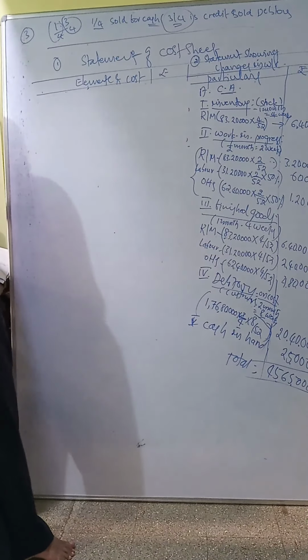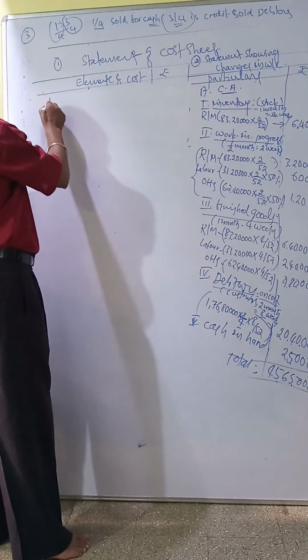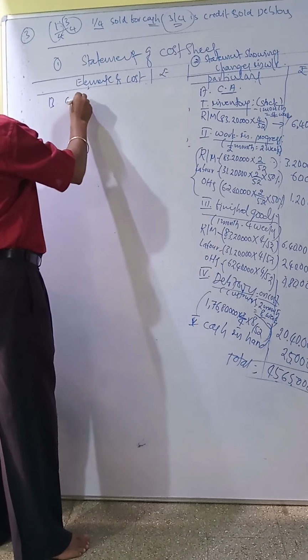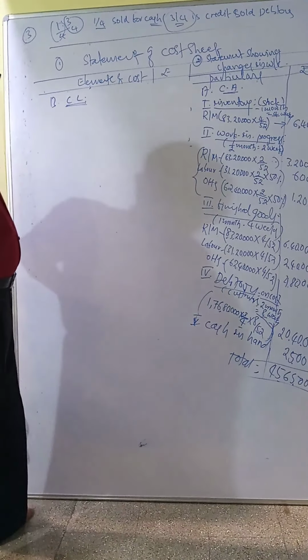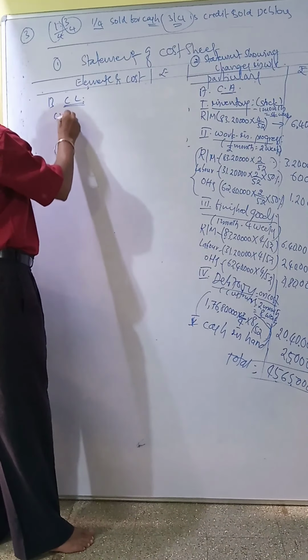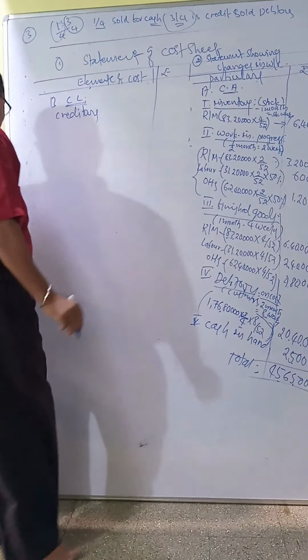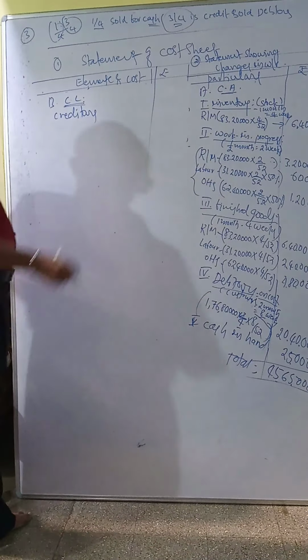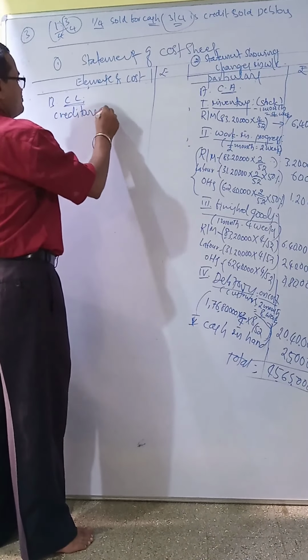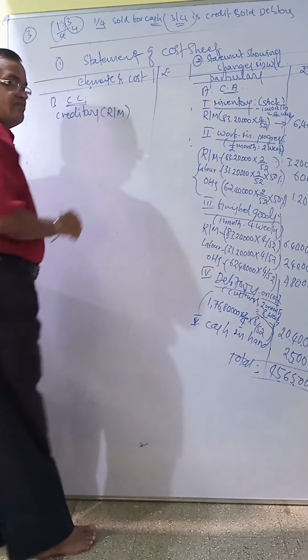See, next is B, current liabilities. In current liabilities take creditors. What is given about creditors? What do we purchase from creditors? We purchase raw material.